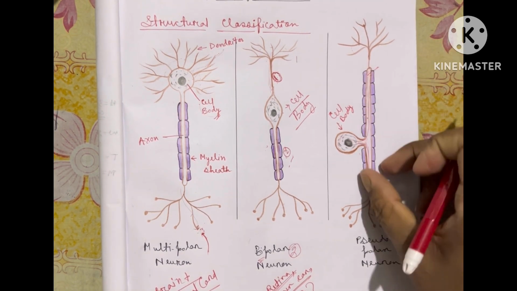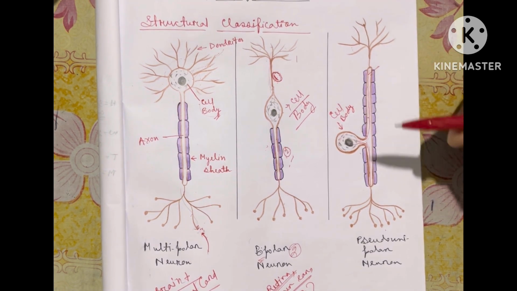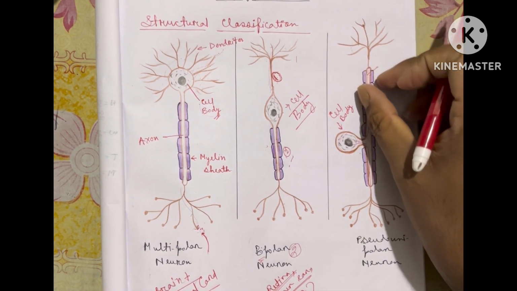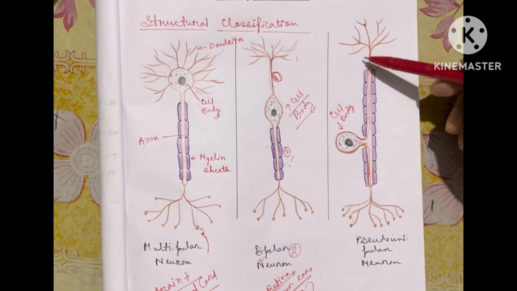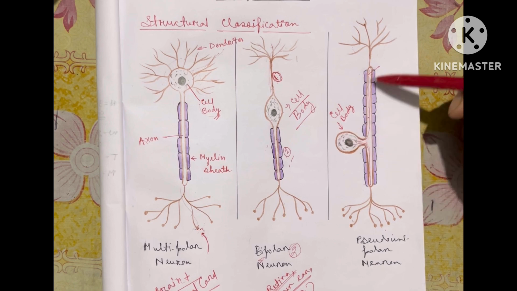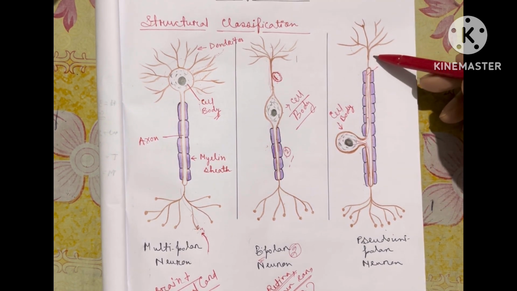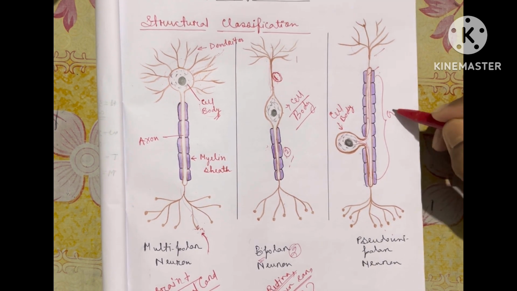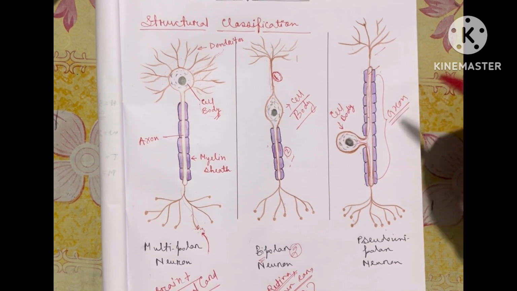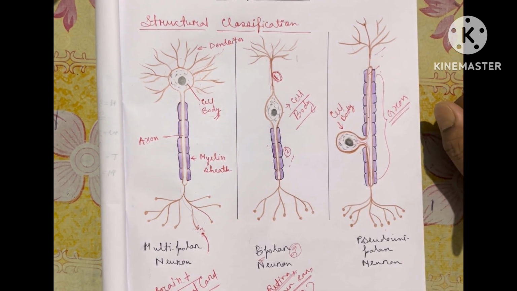As it is a single process, we cannot separate out which is the dendrite and which is the axon. It is only one axon. So in pseudounipolar neurons, we have one axon, one cell body and some dendritic extensions, but not a separate dendrite. This is as simple as it is.